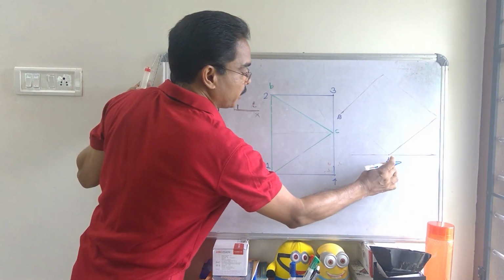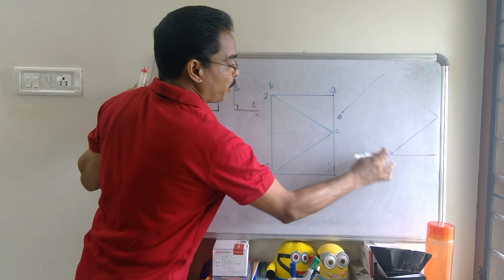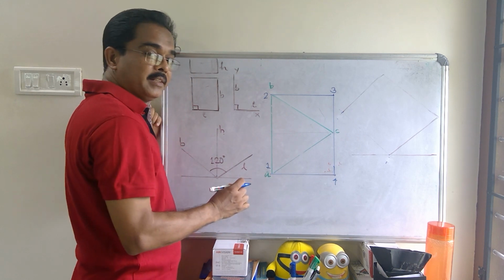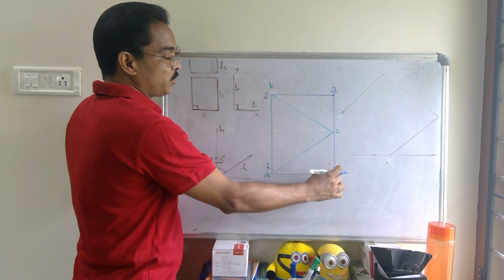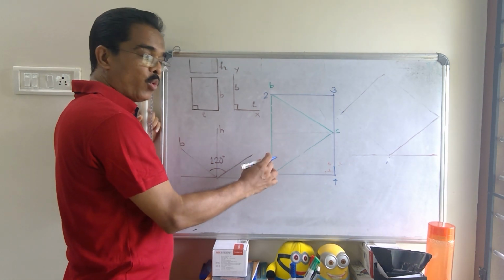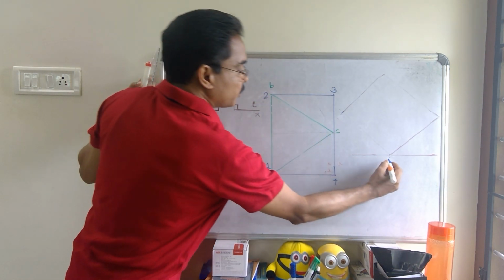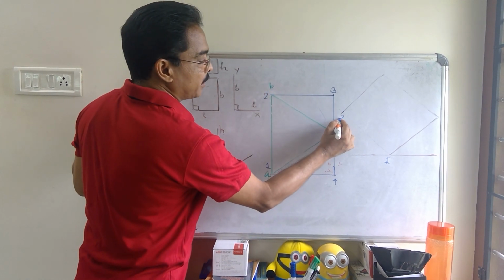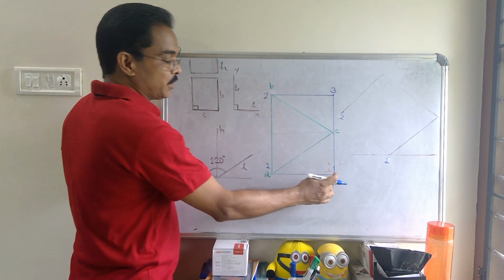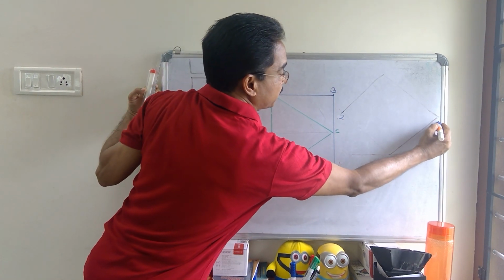So first of all, instead of marking the points A and B for this type of polygon, we draw the isometric projection of 1, 2, 3, 4 first. From 1, take the distance of 2 and the distance of 4 and mark them here.